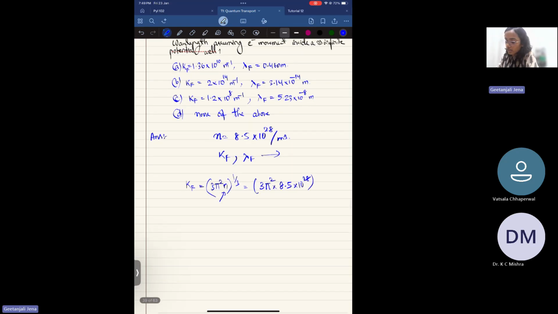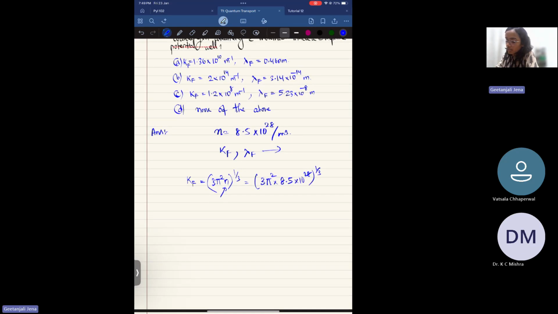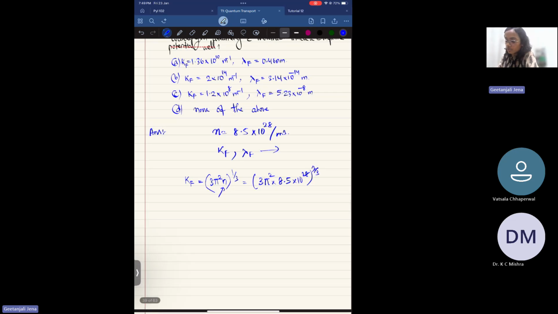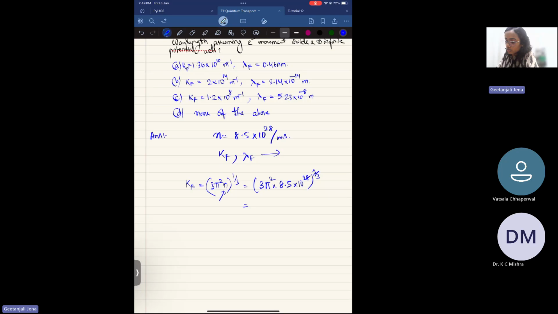I'm just directly writing the answer. Just check while you are calculating that you are getting an answer similar to mine. So this is (3π² × 8.5 × 10^28)^(1/3), which comes around 1.36 × 10^10.